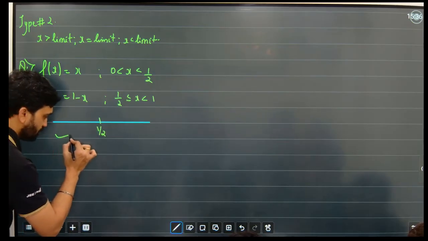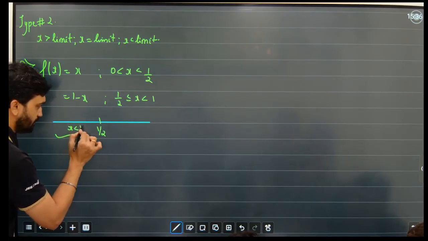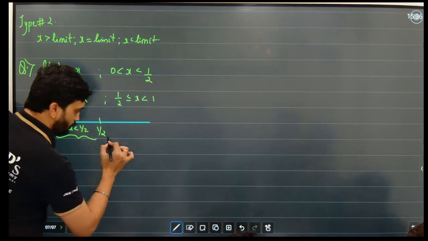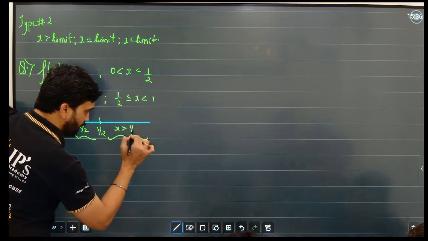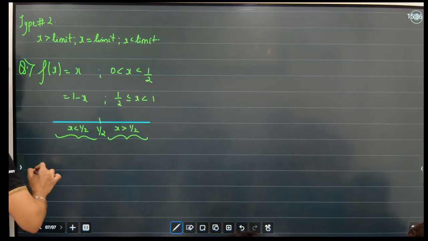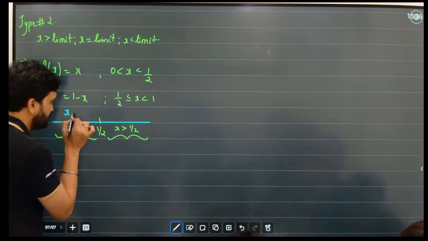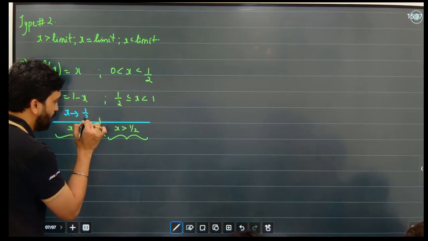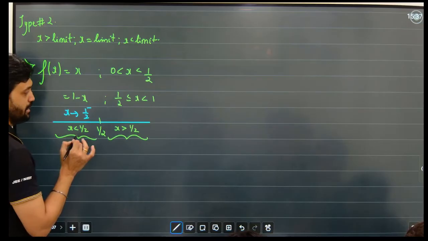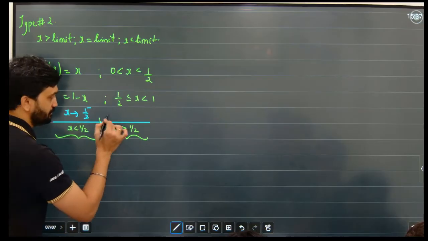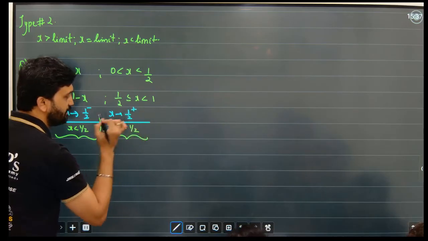So here all the values of x are less than half, and for these values of x all these values are greater than half. Any value that is less than half, we write x tends to half minus. Half minus means x is less than half. Half plus means x is greater than half.